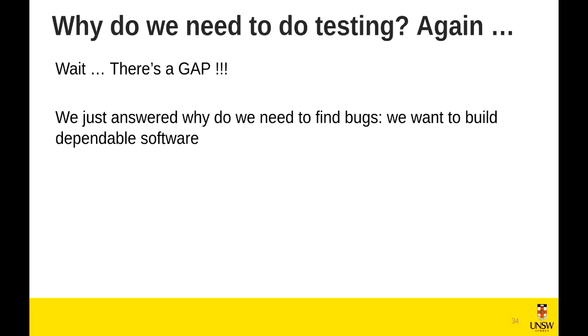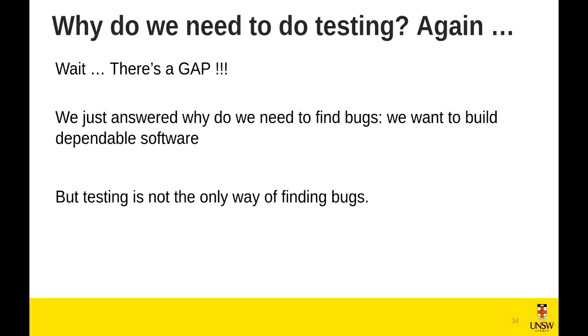That's because we want to build dependable software, of course, and we have learned the four properties of dependable software. But testing is not the only way of finding bugs. So there is a gap between needing to find bugs and needing to use testing to find bugs.